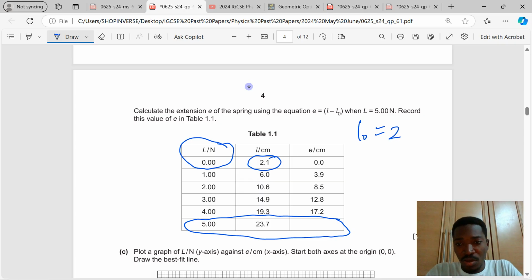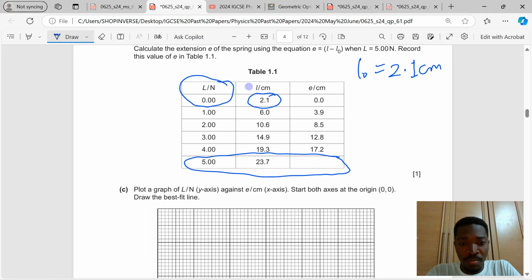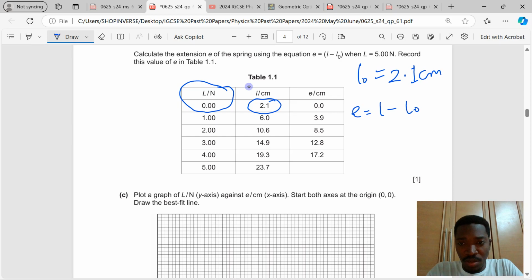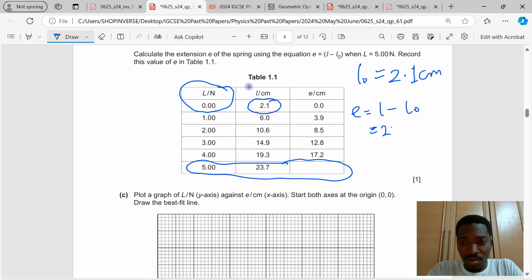So L naught is the length of the spring when the load attached is 0 Newton, and that's what we use to calculate the extension E. E equals L minus L0. The length when the load is 5 Newton is 23.7 cm. So we have 23.7 minus 2.1, which gives 21.6 centimeters.